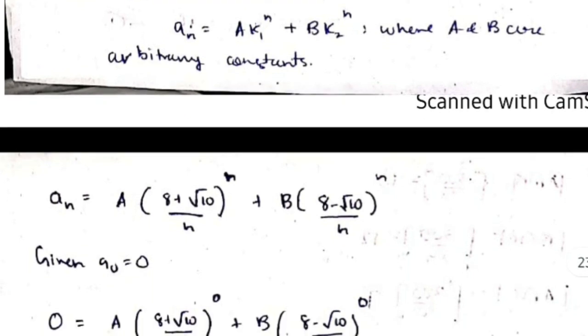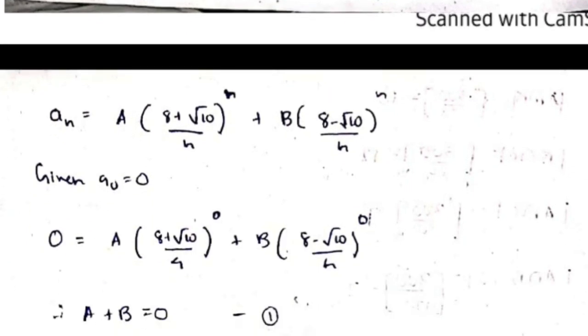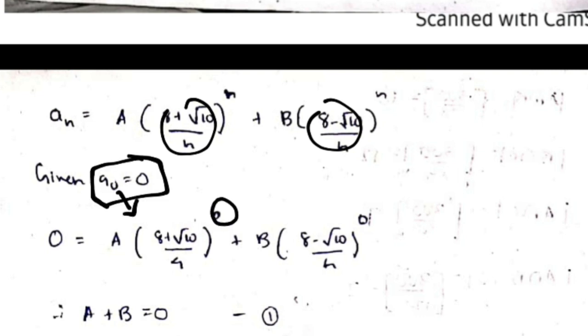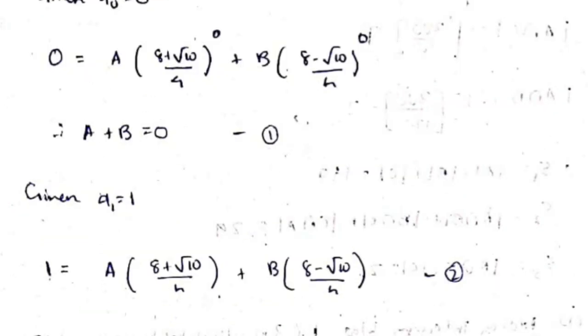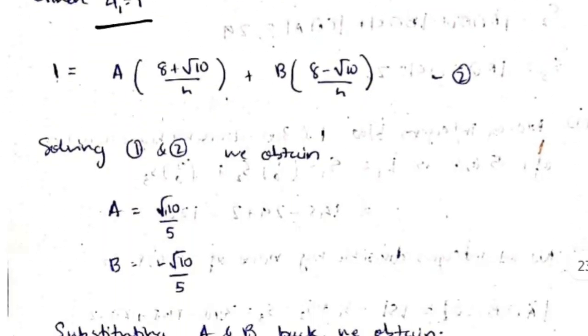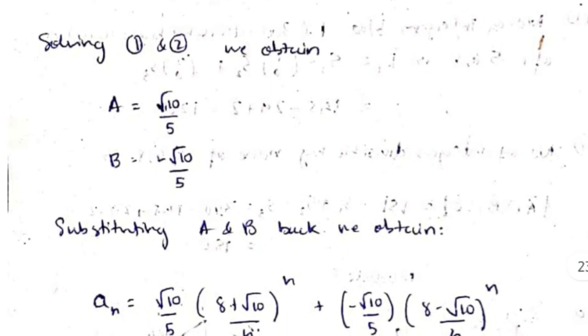Now by using this formula, we will substitute the values of k1 and k2. We will substitute the value of n here as 0, and then we will find one equation. Similarly, we will do for n equal to 1 also, and we will get another equation which is this. Now by using both these equations, we will find out the values of a and b.